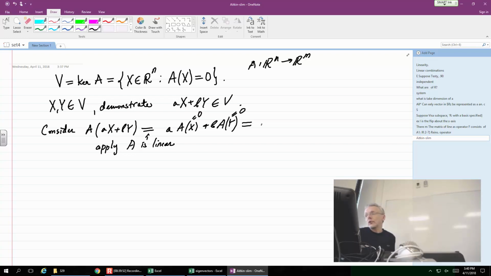So I have a times 0 plus b times 0, which is equal to 0. So indeed, this new element, ax plus by, belongs to the kernel. Okay, so that's the whole proof.